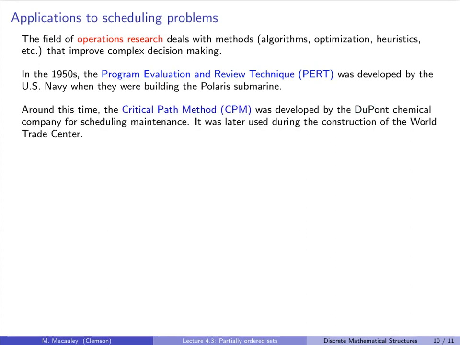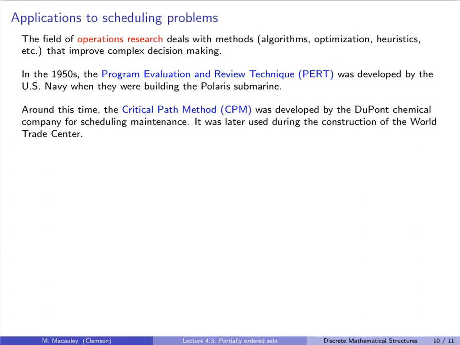Also around this time, the critical path method, or CPM for short, was developed by the DuPont Chemical Company for scheduling maintenance. And it was with another company that has since been bought up. I don't remember what they were called. This method was later used during the construction of the World Trade Center.